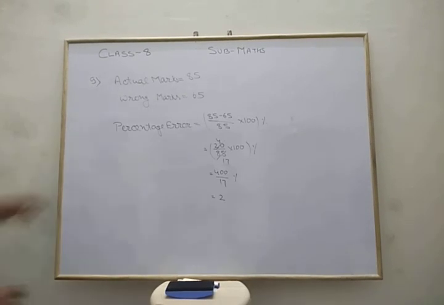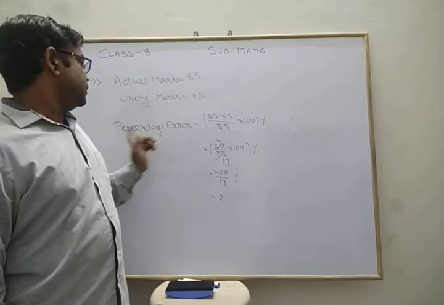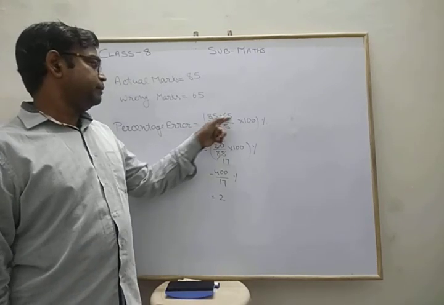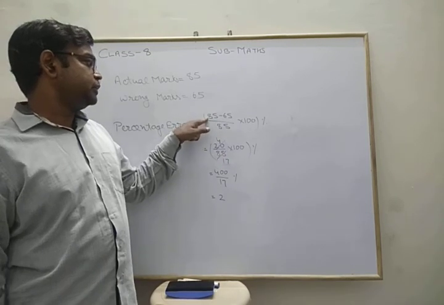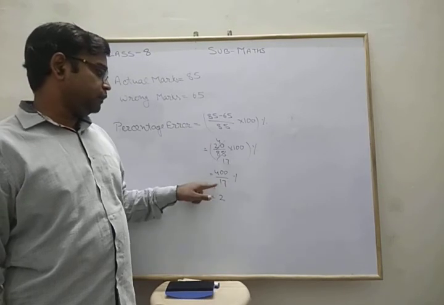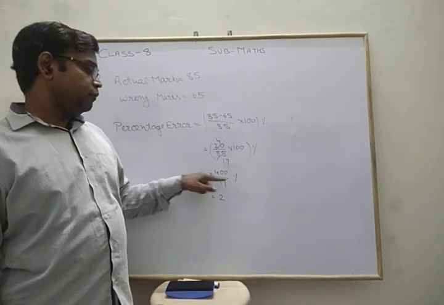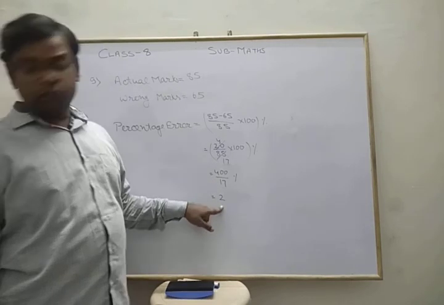So percentage error, I forgot to switch on the camera. Percentage error equals 85 minus 65 upon 85, that is change in value by original value, into 100%. When you solve, we have 400 by 17%. You can leave it like this, or convert it into a mixed fraction.